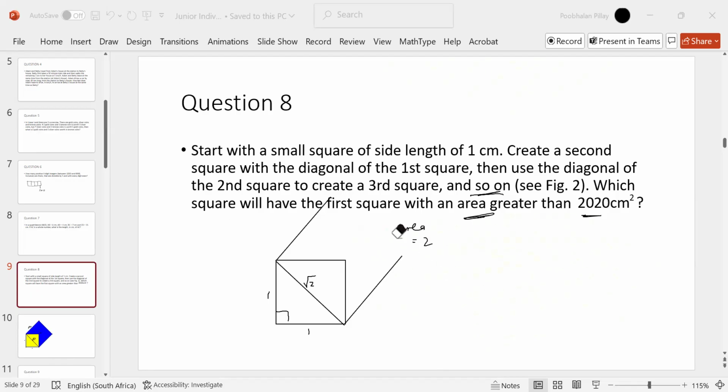Instead of taking this example only, let me take any one of these squares, wherever I am in this whole sequence, and I ask myself, if I know the area of one particular square, what is the area of the next square?